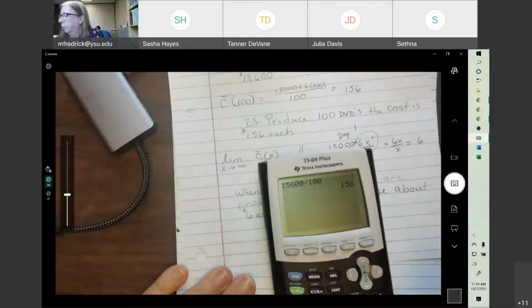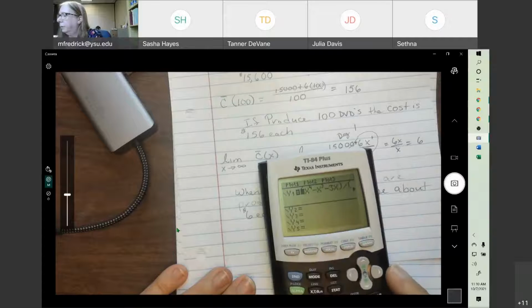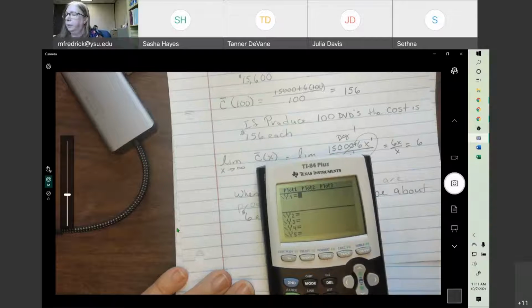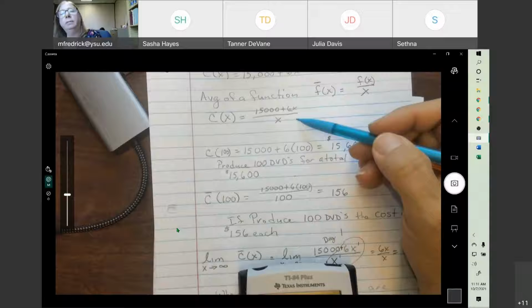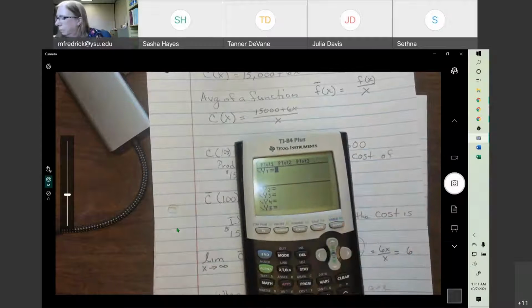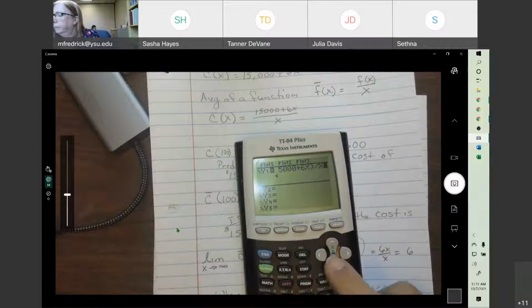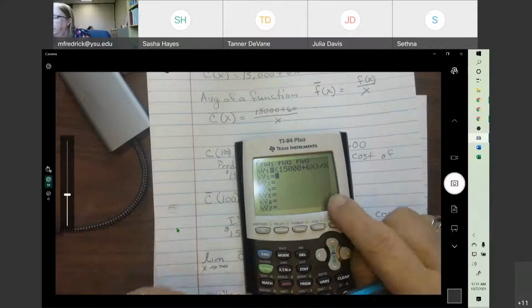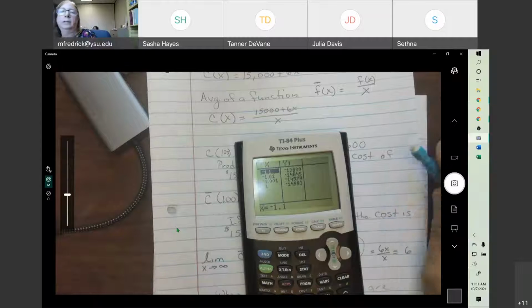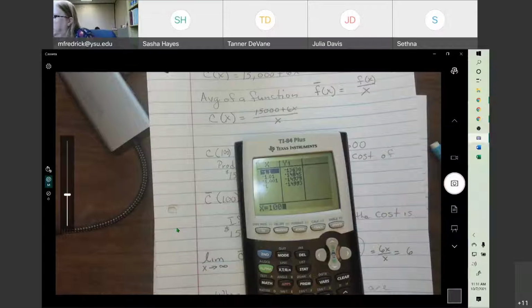Could also use the calculator to look at that. If we plugged our cost function in, you don't have to graph it, you just go to table and then plug in large values. 1,000, 10,000, 50,000.